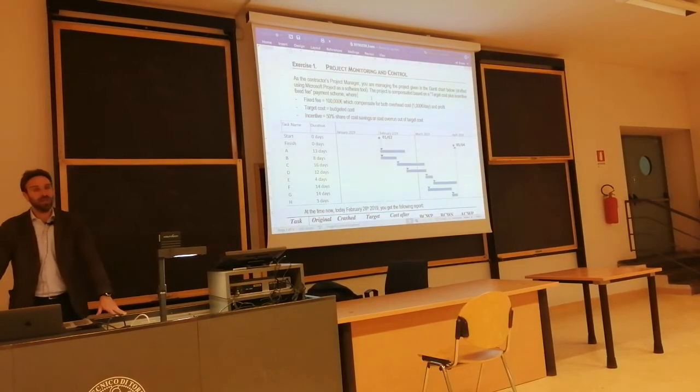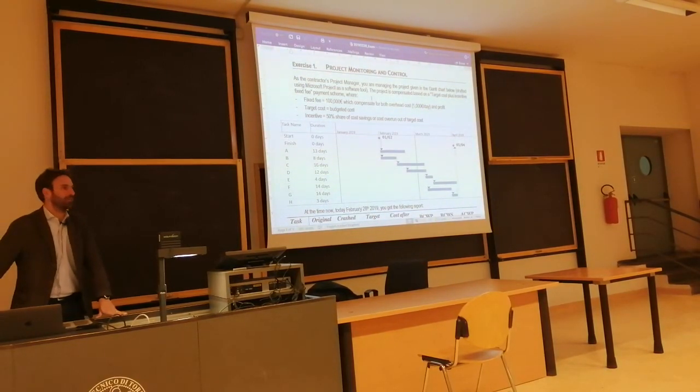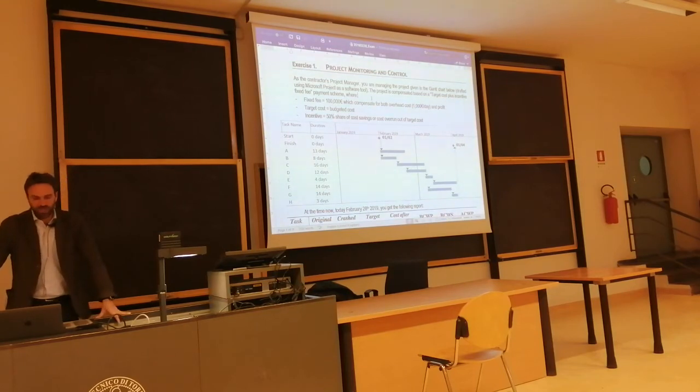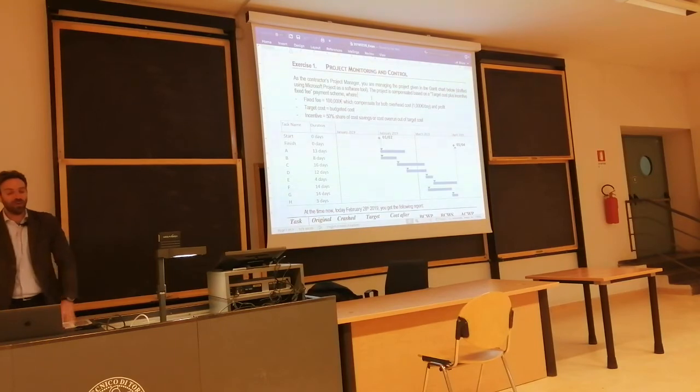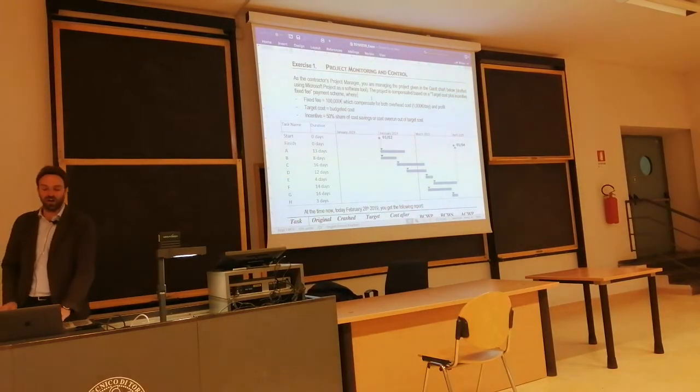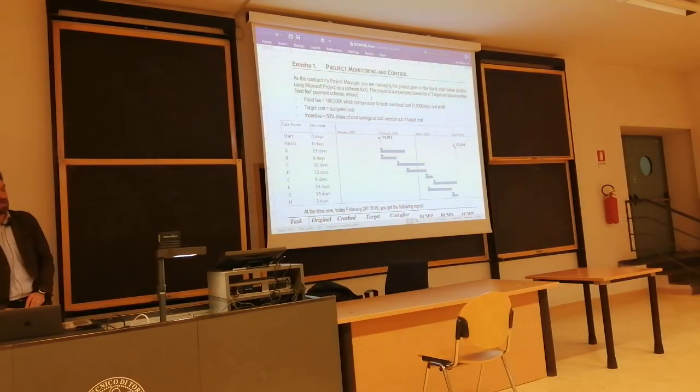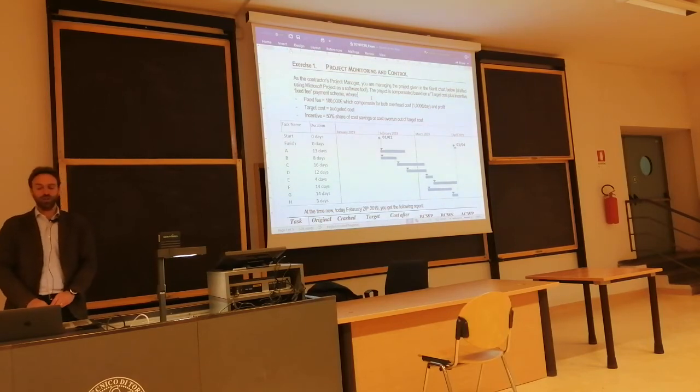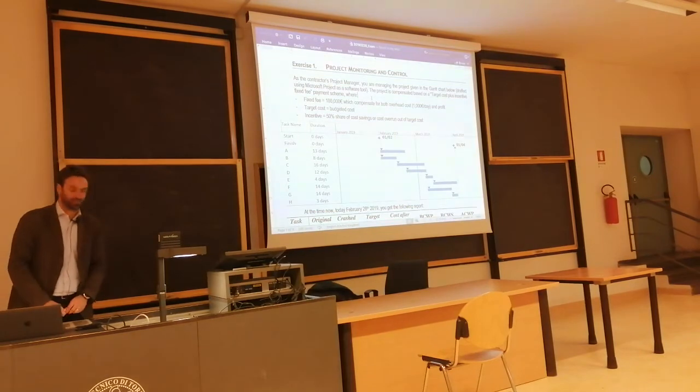Overhead cost equals 1,000 a day. Target cost equals the budgeted cost. Incentive equals 50% share of cost savings or any cost overrun that could be incurred out of the target cost.